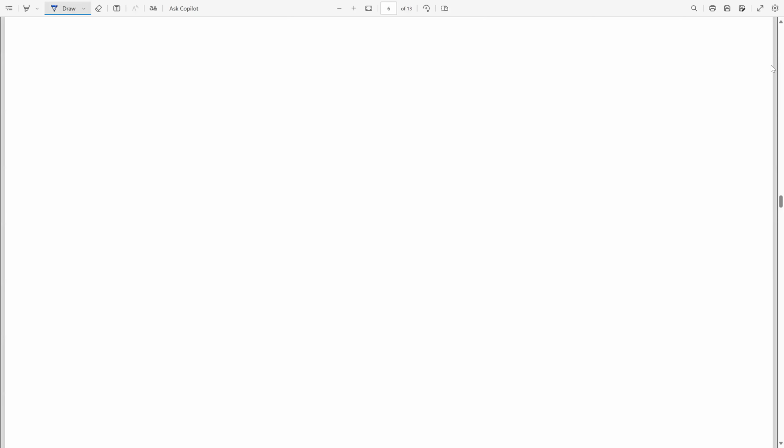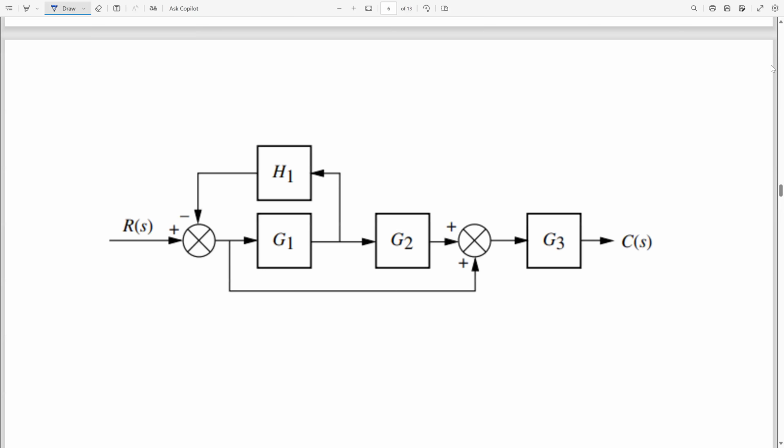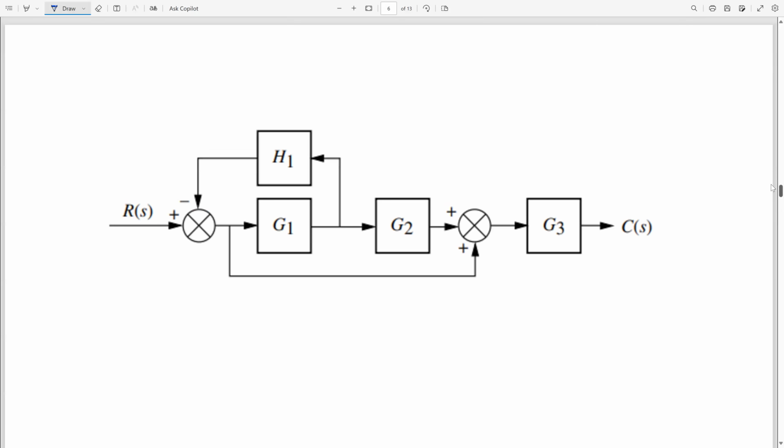Okay, this is the easiest. The advantage of signal flow graphs is that you don't have to be moving blocks like you were doing when reducing block diagrams the manual way.